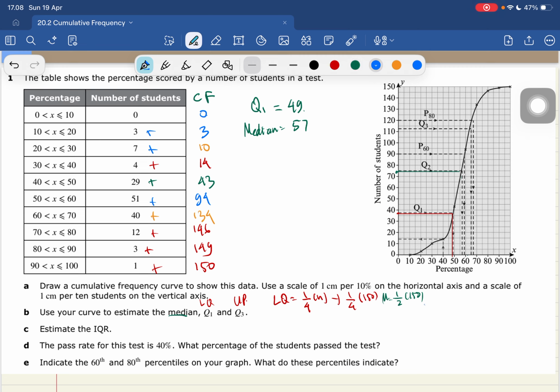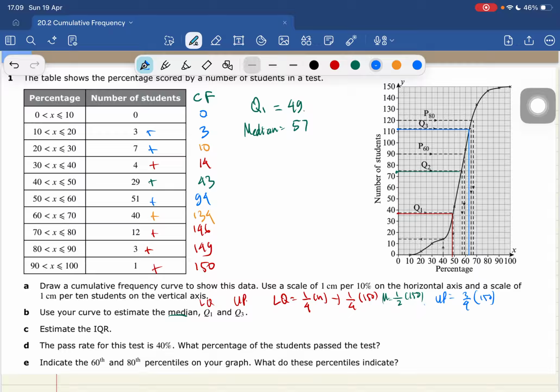Quartile 3, or upper quartile, we can find by 3/4 multiplied by 150. So 150 divided by 4 and then times 3, we get 112. Make a line and go down.